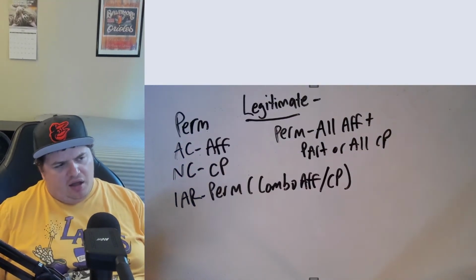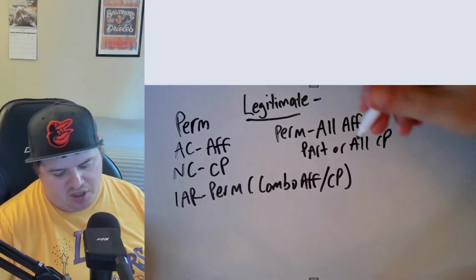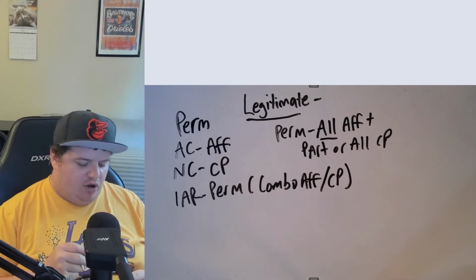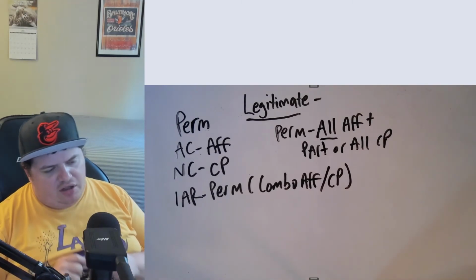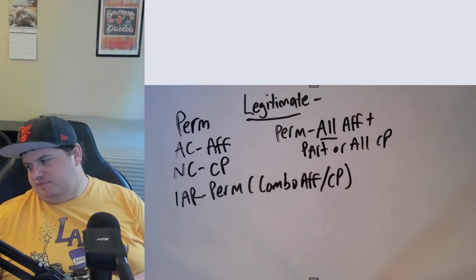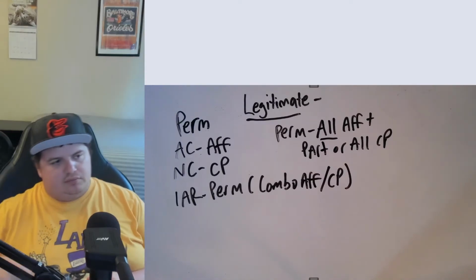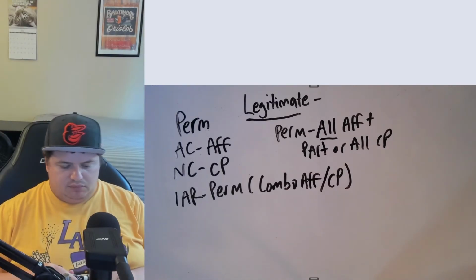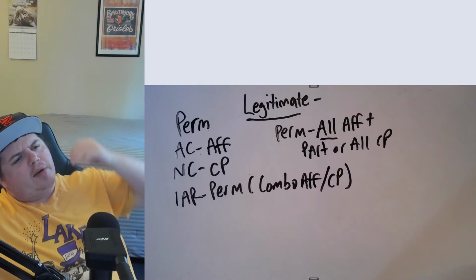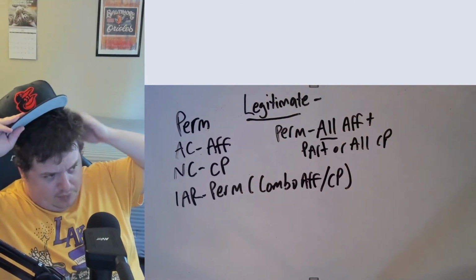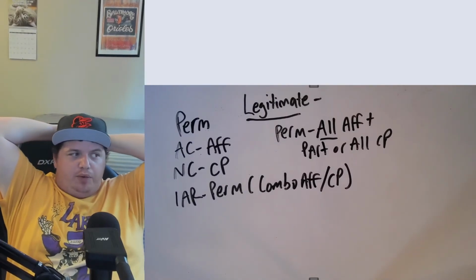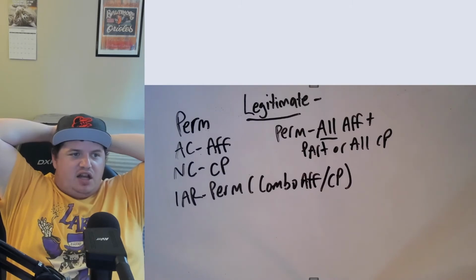Why do you think a legitimate permutation very specifically has to do all of the affirmative? Why do you think the affirmative in the debate should always have to do all of the affirmative? Do y'all remember earlier I talked about a counterplan where the affirmative was Scott should go visit all 50 states and the counterplan said Scott should go visit 49 states?